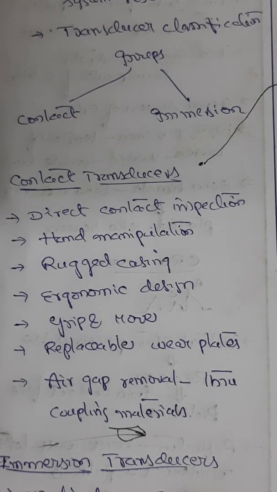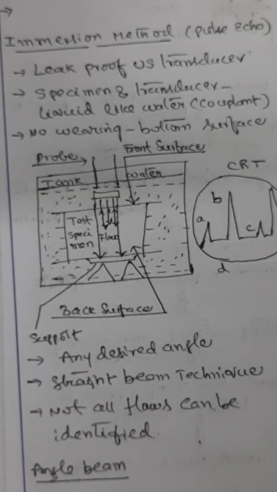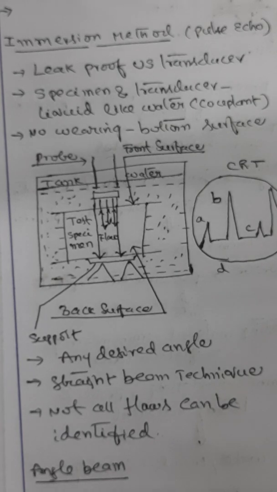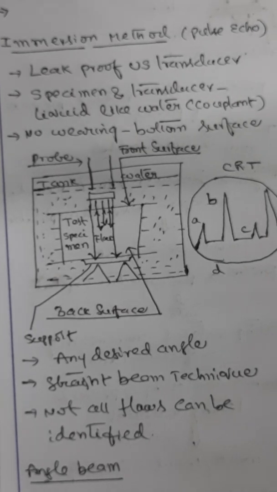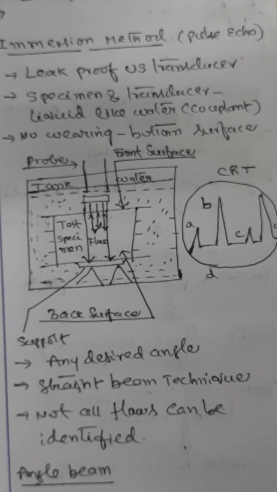We need to understand more about immersion methods. In the immersion method, or pulse echo method, a leak-proof ultrasonic transducer is used and is not physically in contact with the specimen. The specimen and the transducer are immersed in a liquid couplant like water.